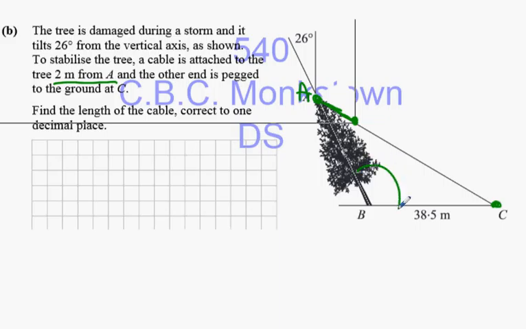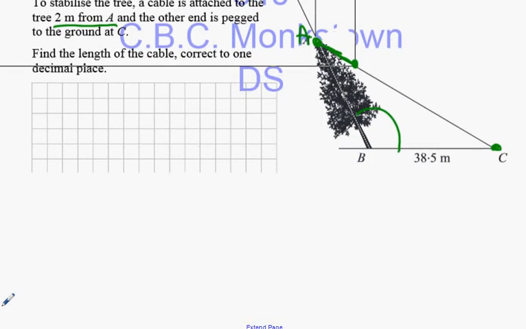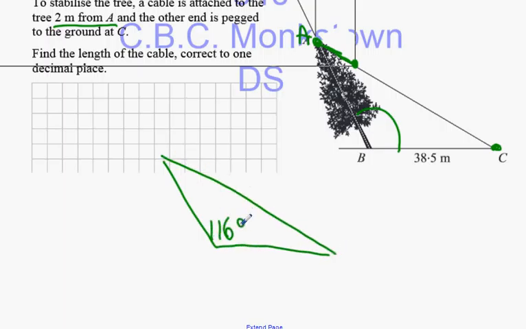What does that mean about this angle down here? It's 116 degrees. It's 26 degrees above 90. That angle there is 116 because it's 26 degrees bigger than 90, right? So 38.5. The question is asking me to find the length of the cable correct to 1 decimal place.